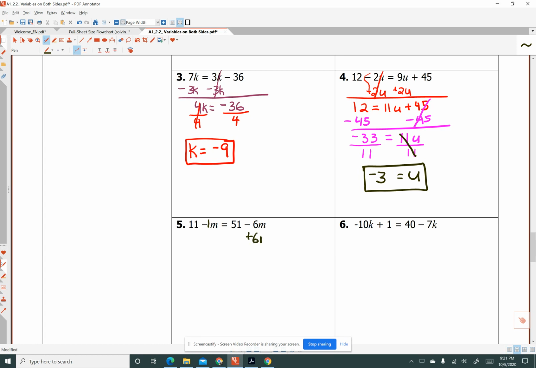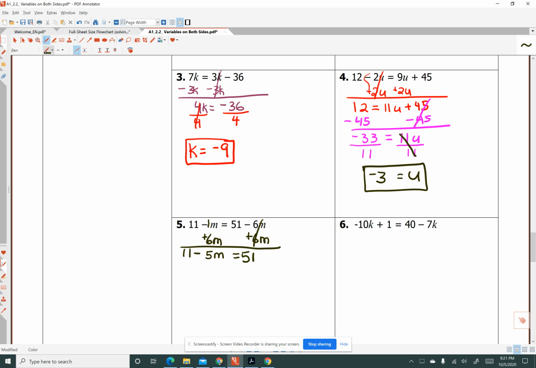So I'll add 6m. So negative 6m plus 6m equals 0. So the right side of my equation is just 51. Negative 1 plus 6 is 5m. So I've got 11 minus 5m equals 51.